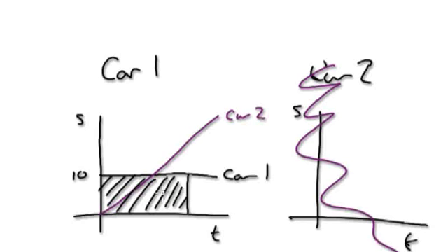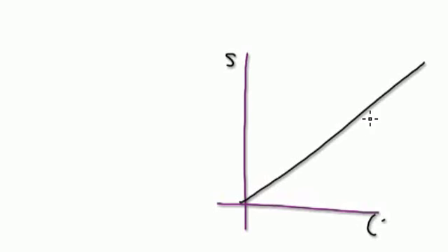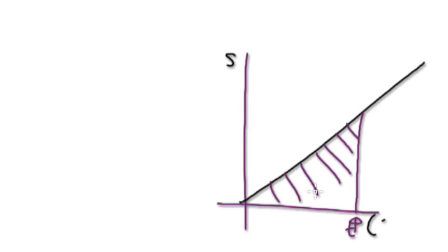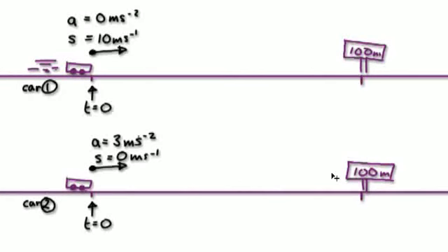So you want to know what time it is when the area is 100. And if you look at the speed time graph for car 2, you want to find out what time it is when the whole area here is 100. Okay, so that's what it boils down to.